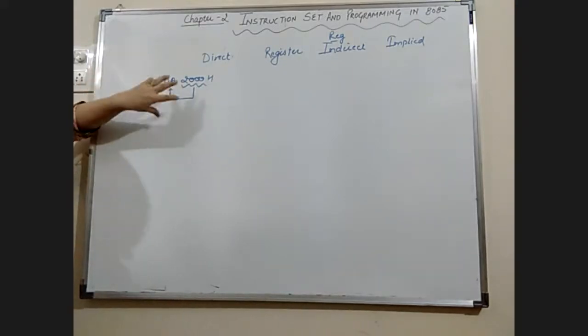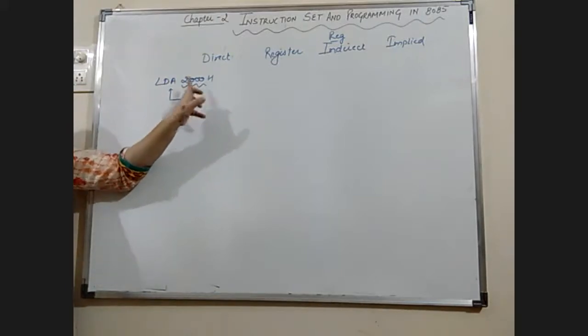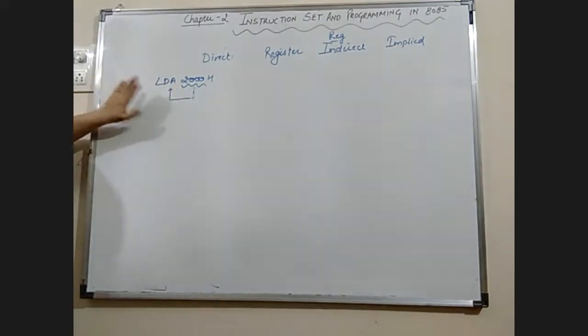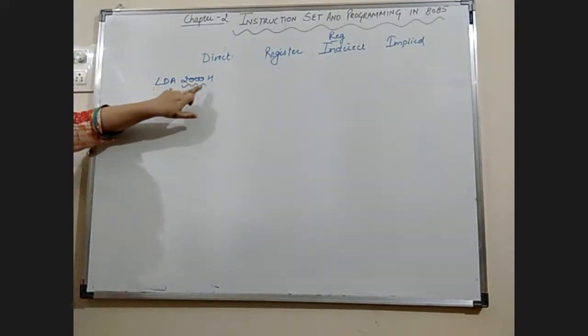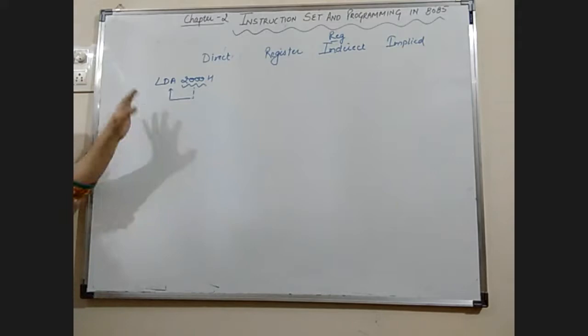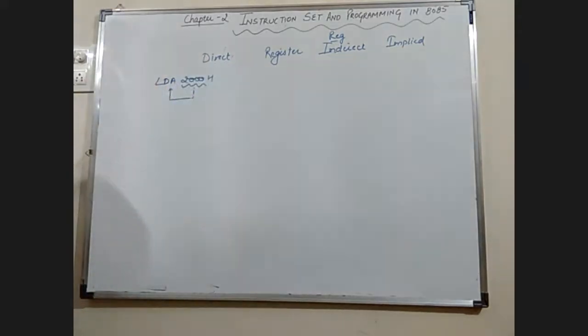Okay, so according to this instruction, whatever contents are present in this memory location will be loaded into the accumulator. So in this instruction you can see 2000 is the address. So the instruction which contains the address falls under this addressing mode, that is direct addressing mode.